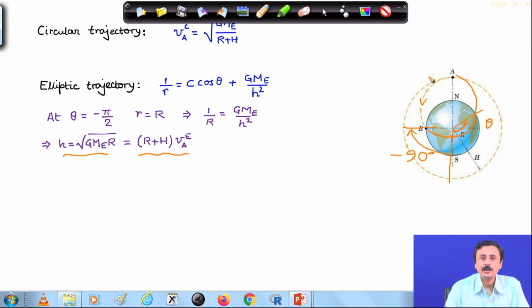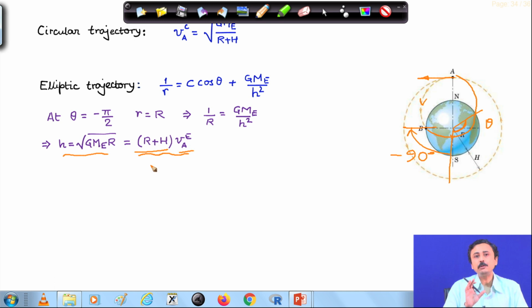from the tangential velocity of the satellite on the elliptic path that it should have, times the radial coordinate, which is r plus h. That will give me the angular momentum per unit mass of the satellite at A on the elliptic path. That should be the velocity, or the speed of the satellite on the elliptic path at A, so V A E, and if I multiply it with the radial distance from the focus, that will give me h.